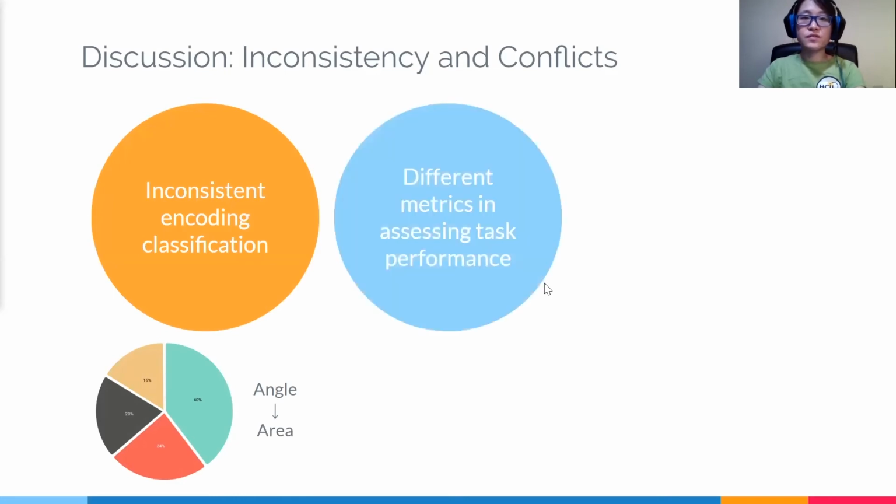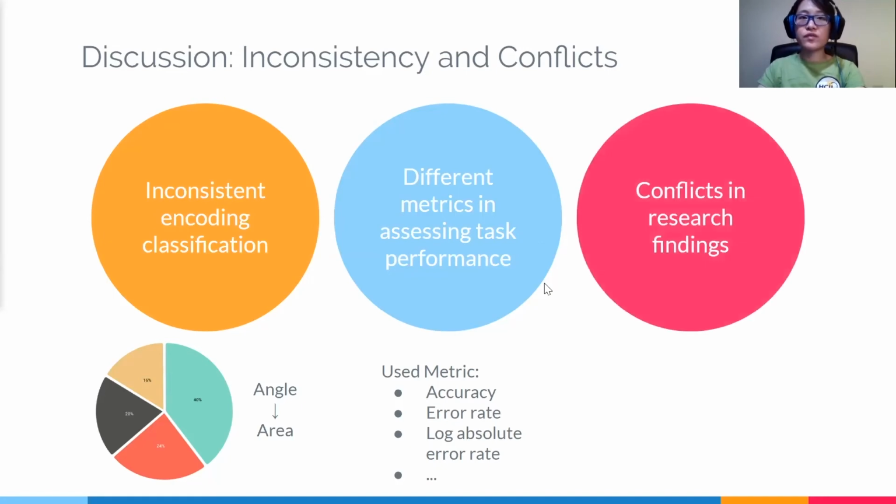We also find that different evaluation metrics were used to analyze task performance. Some papers use accuracy, but others use error rate or log absolute error rate to analyze task performance. On the other hand, even when experiments are similar, we find contradictory results. Some research finds no perception bias for position encodings, but other research finds users tend to overestimate position encodings.